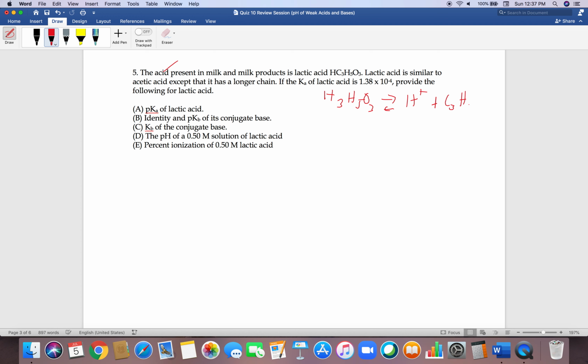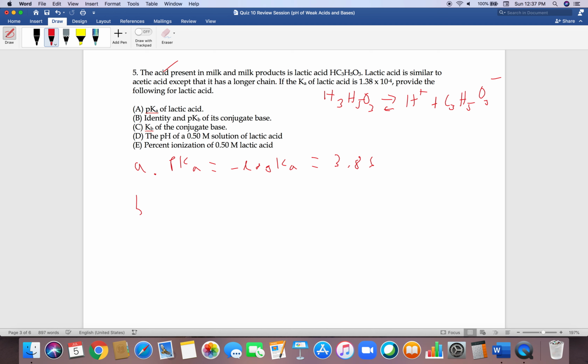It should be C3H5O3 minus, so this is our conjugate base. First we're asked to find the pKa, and the pKa equals the negative log of the Ka, so that would equal the negative log of 1.38 times 10 to the negative 4th, or 3.86.